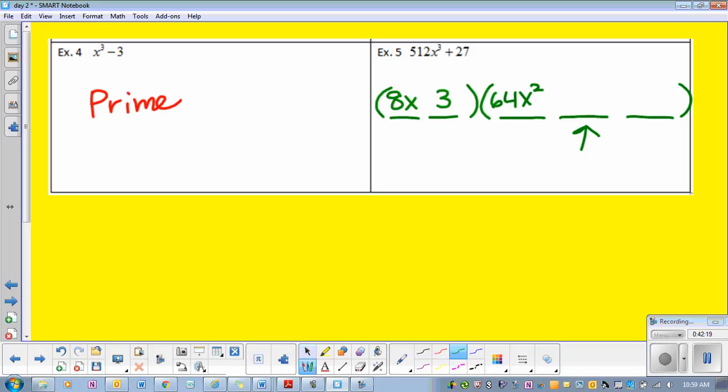What is 8x times 3? 24x. Good. What goes in this last one? 9. What are my signs? Same, subtract, opposite, always plus. Good.